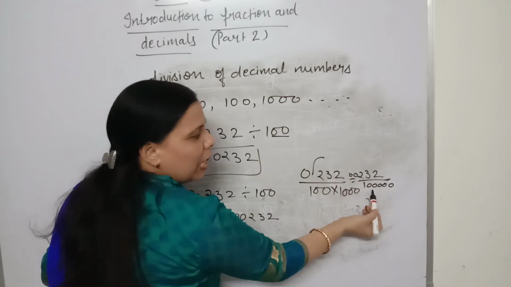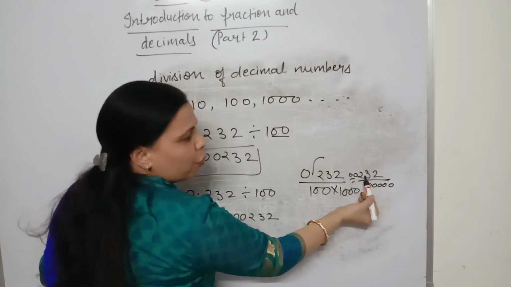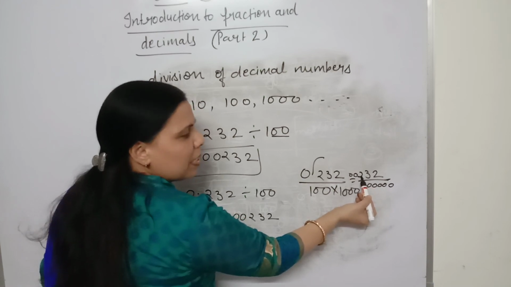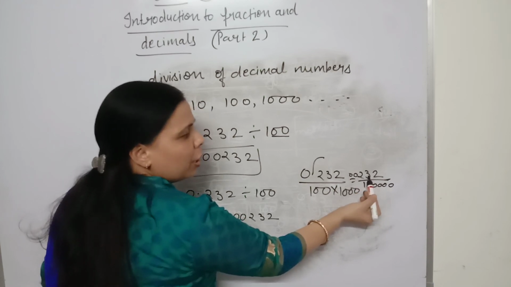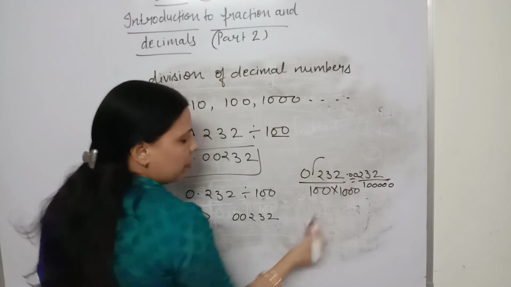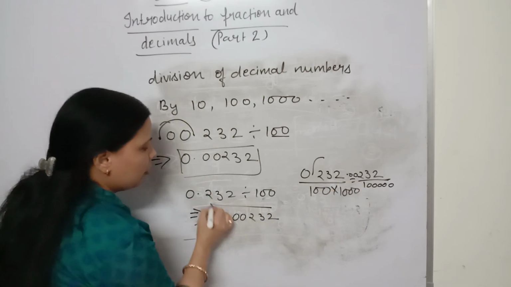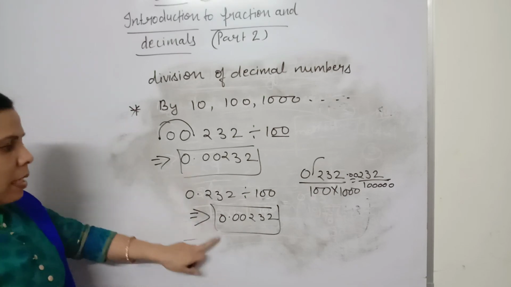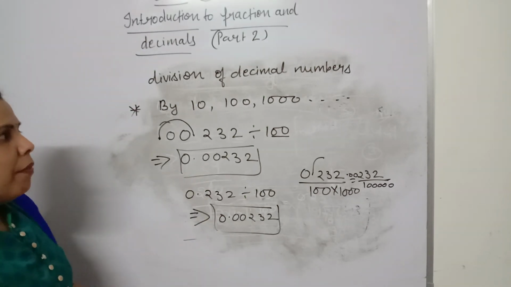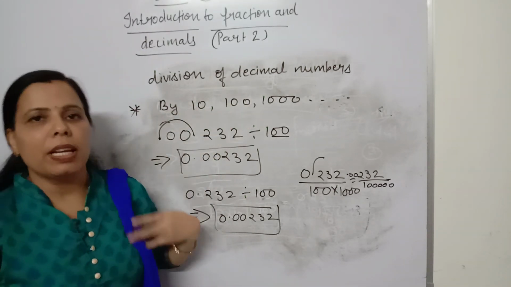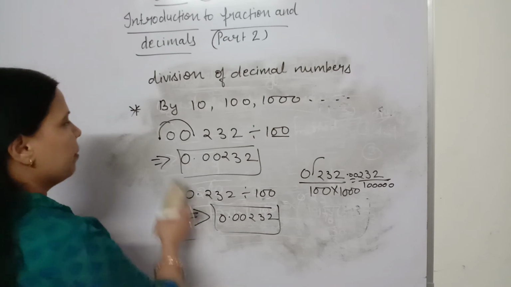Because I need 5 places. 1, 2, 3 I had, so 2 more places I need. So I have put 2 zeros here. 1, 2, 3, 4, 5. Now your decimal is here. See the answer. In the same way you can divide by 1000, or by any other numbers.